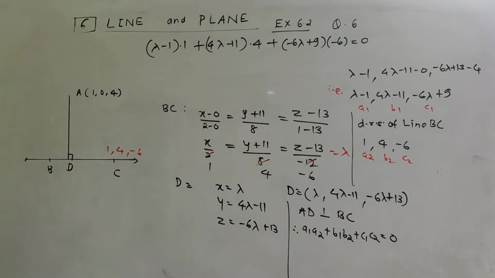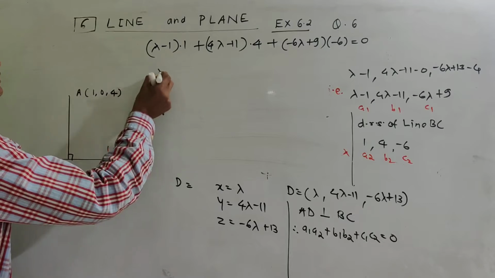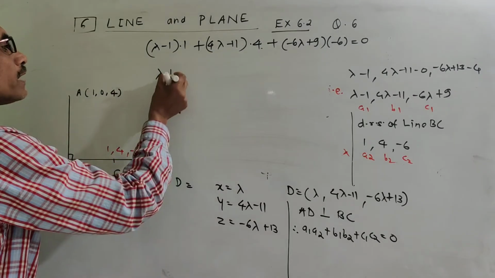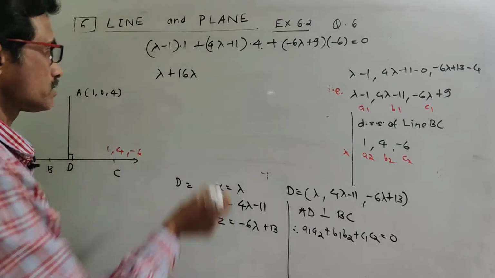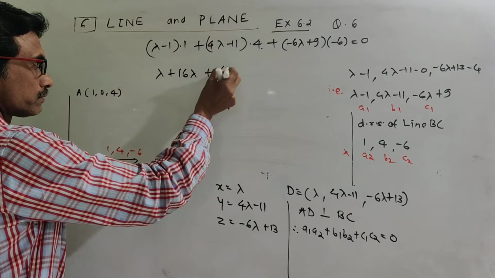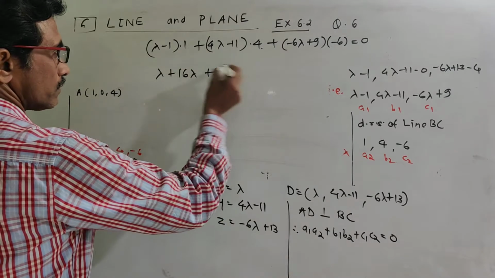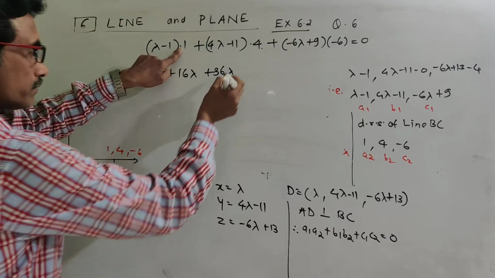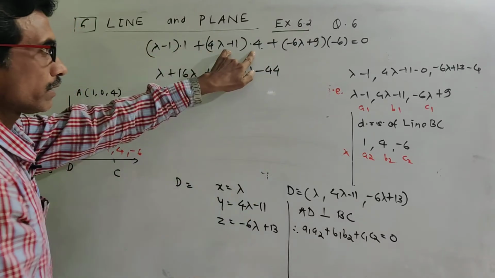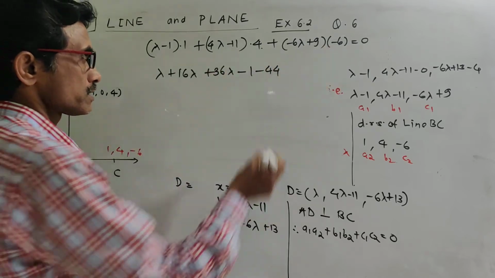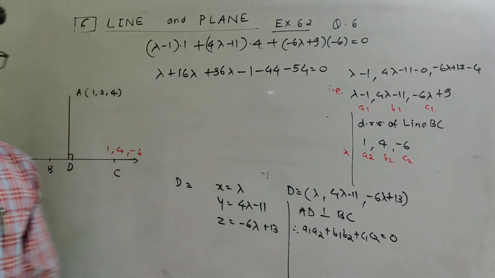Then lambda plus 16 lambda plus 36 lambda, then minus 1 minus 44 minus 54 is equal to 0.